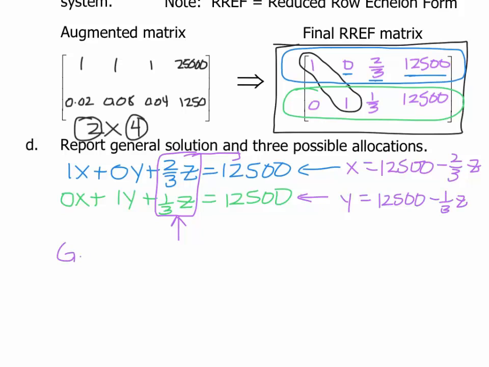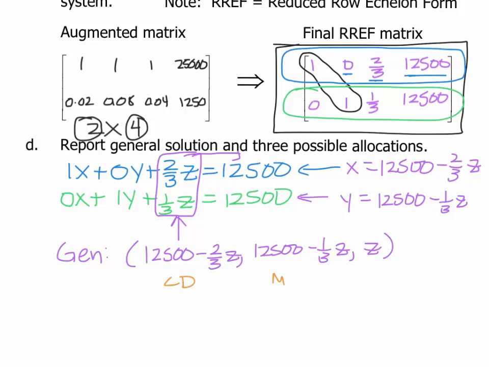So our general solution for our system of equations is going to be any x, y, and z values that follow this pattern, where my x values look like 12,500 minus 2/3 z, my y values look like 12,500 minus 1/3 z, and my z values are just z. So we can find the amount in our CD or the amount in our mutual fund, all in terms of our amount in our bond fund.